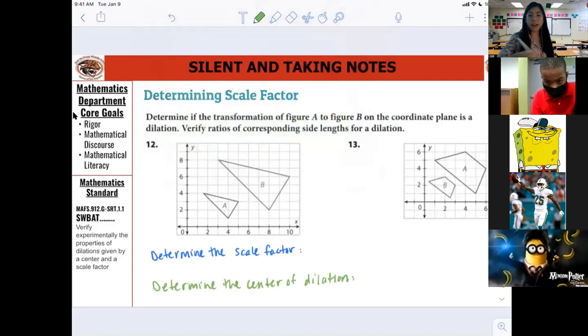All right, so go ahead and get started on that. A is the pre-image and B is the image. So it goes from A and it grows to make B. Go ahead and get started.